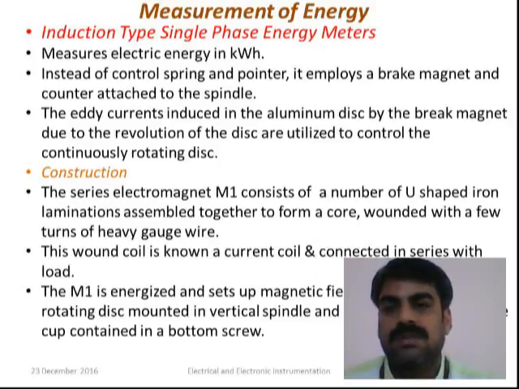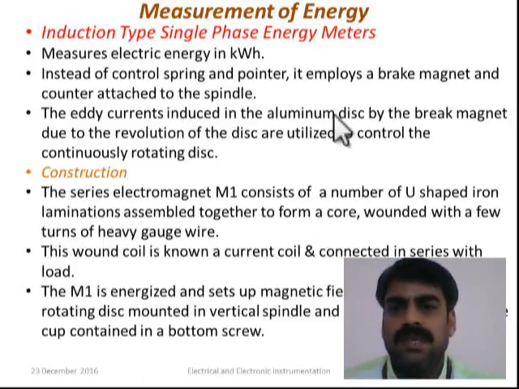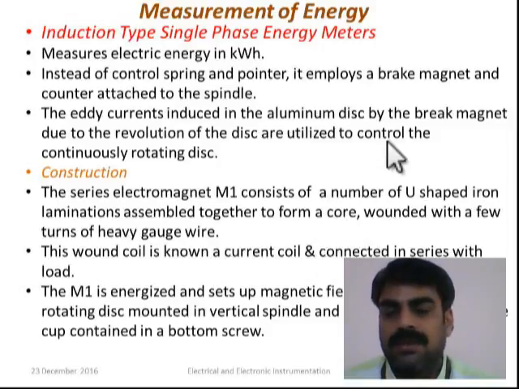These are the major differences when we compare the energy meter with other analog meters used to measure voltage, power, current, etc. Here the eddy currents induced in the aluminum disc by the brake magnet, due to the revolution of the disc, are utilized to control the continuously rotating disc.